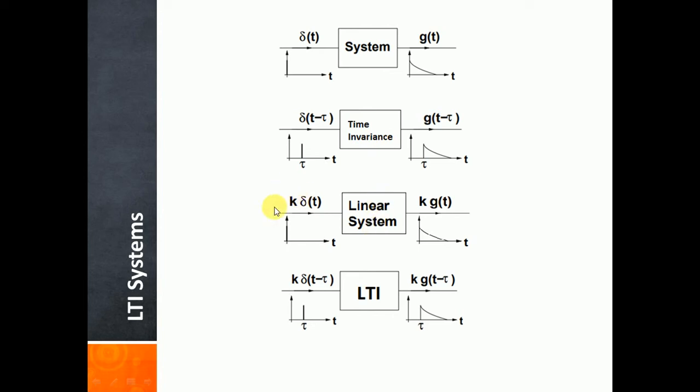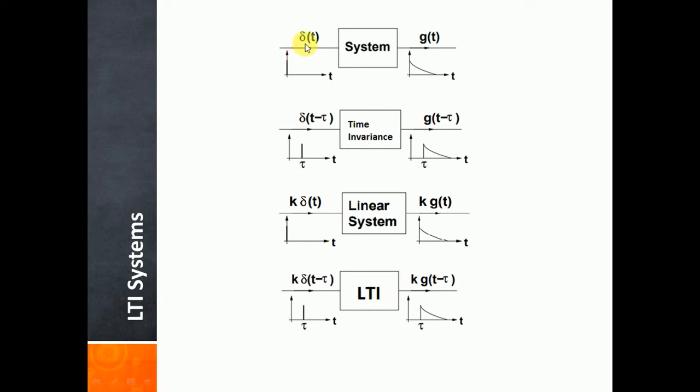A system is linear if the input is scaled, the amplitude is scaled by an amount k, then the output g of t will also be scaled by the same amount. If something like this happens, the system is called a linear system. Now a combination of these two is called a linear time invariant system.